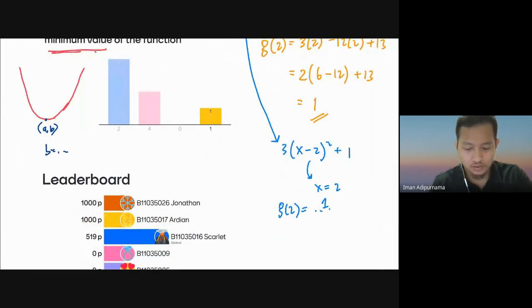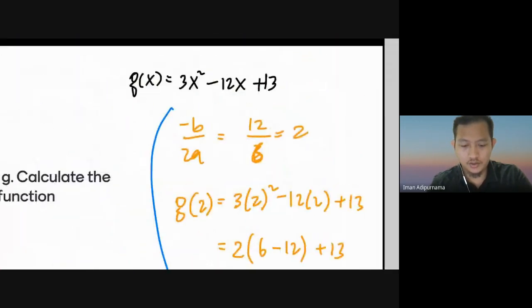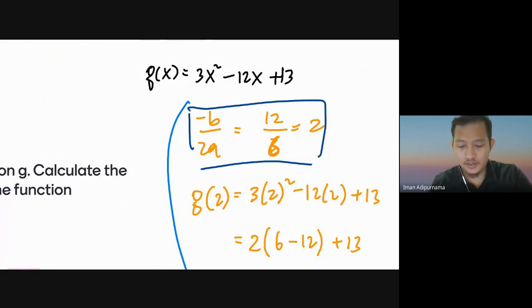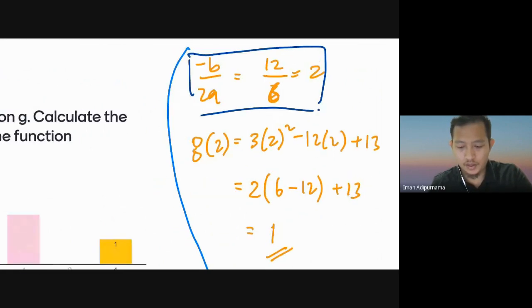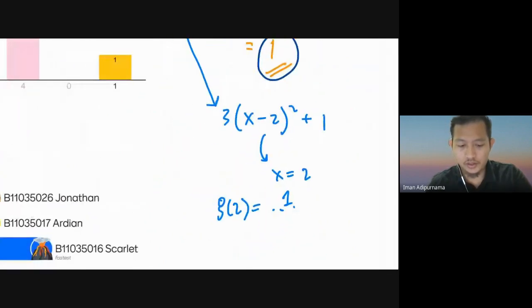So if we look here, we are basically looking for the vertex, and then plug in the x value of the vertex, and then you can get this is actually 1.